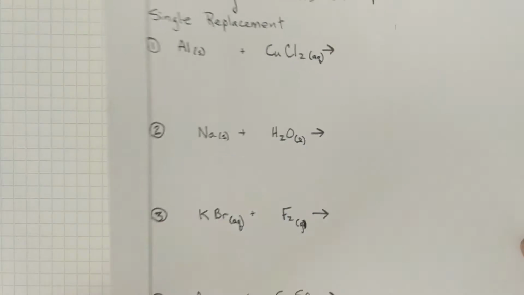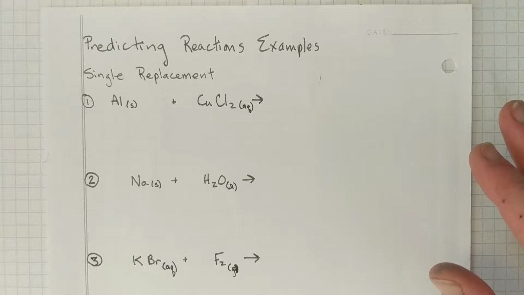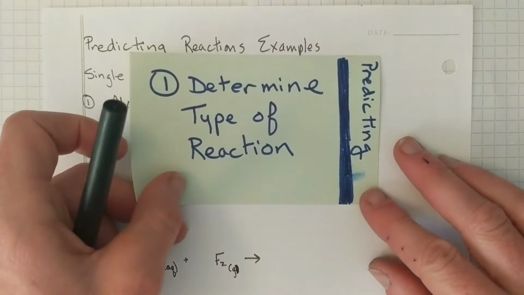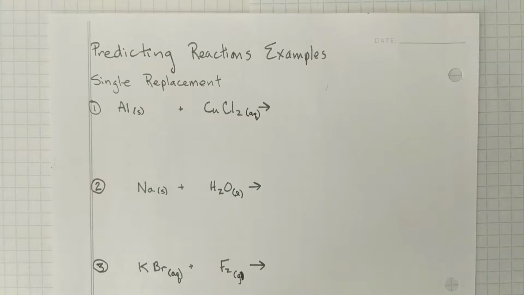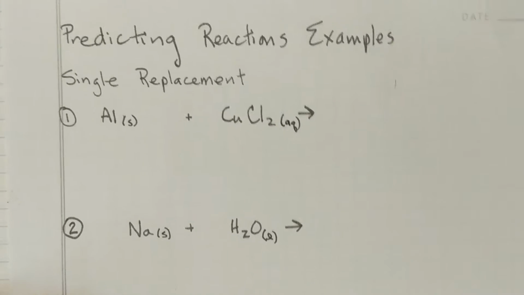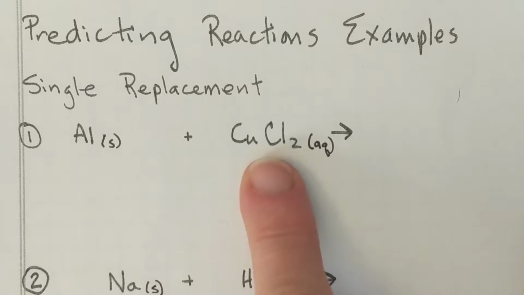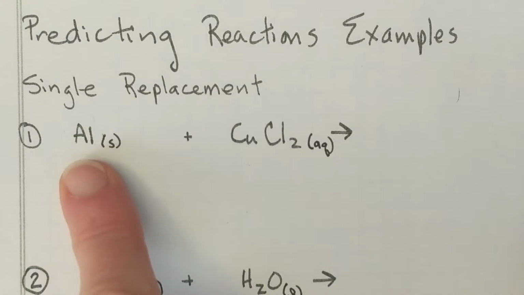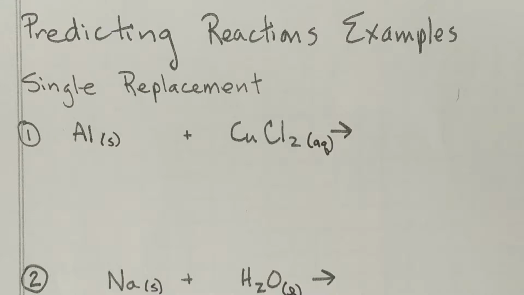Let's talk about how we would predict this and see what our balanced chemical equation would be. In all of these predictions, our first step is to determine the type of reaction. Number one, we have aluminum and copper chloride. We have a single element and it's a metal, so this can only be one type of reaction.